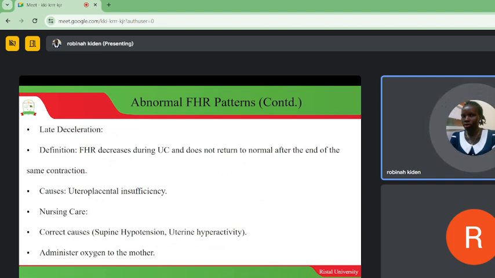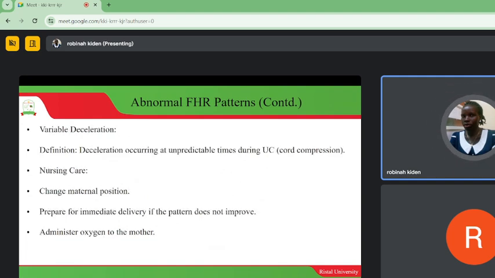The nursing care that we can give: we correct the causes. If it is supine hypotension or uterine hyperactivity, we figure out and try to correct them. Then administer oxygen to the mother.